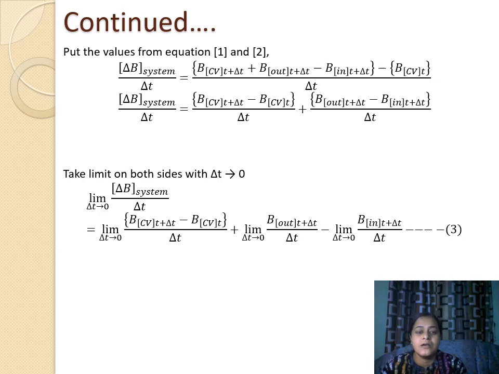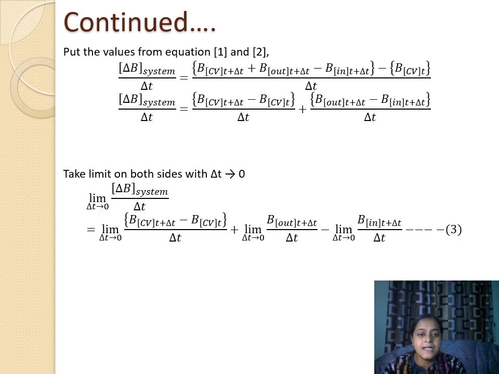We also rewrite the equation: delta B system by delta t equals B control volume at t plus delta t minus B control volume at time t, divided by delta t, plus B out at t plus delta t minus B in at t plus delta t, divided by delta t.